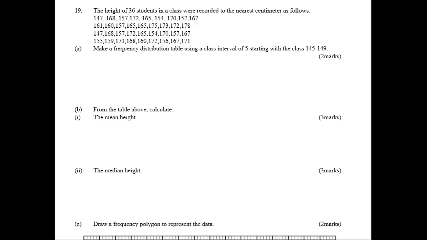Then there is a part on median. Median will require me to get cumulative frequency.